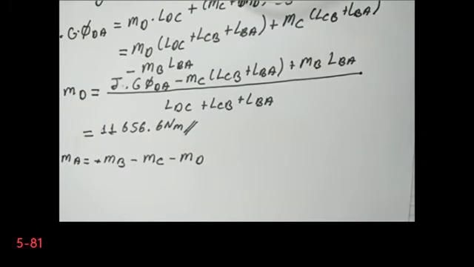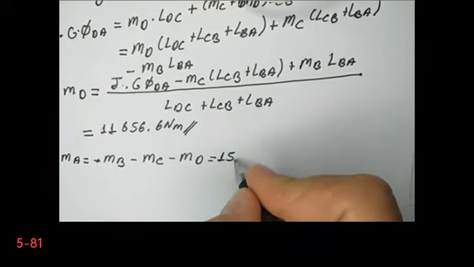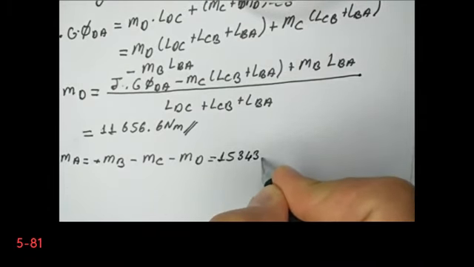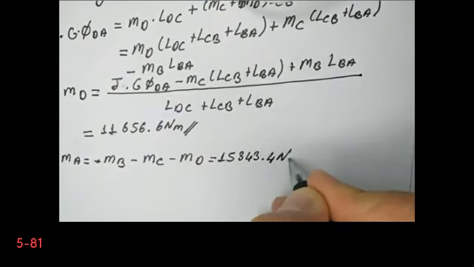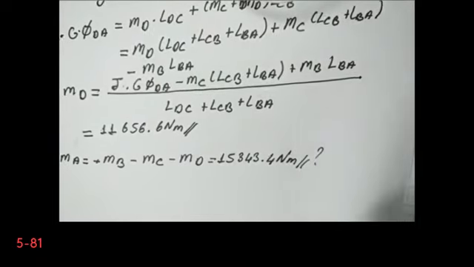If you put the values into their places, what you're going to get for MA is 15,343.4 Newton meters. Please check the values again. Check the derivation.